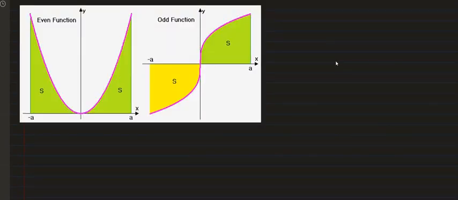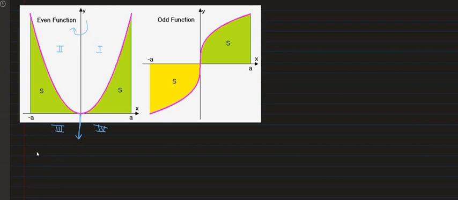Now we recall the even and odd functions and some of their properties. We remember that the even function is symmetric along the y-axis. So what happens in the first quadrant repeats in the second quadrant, also in the third quadrant, and the fourth quadrant, if we extend the x and y axes.